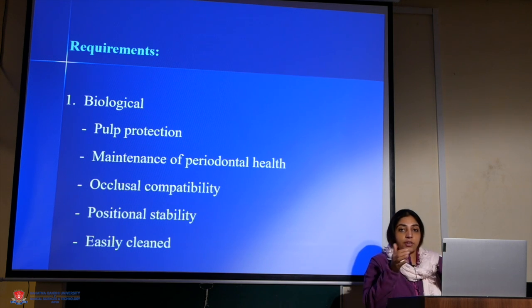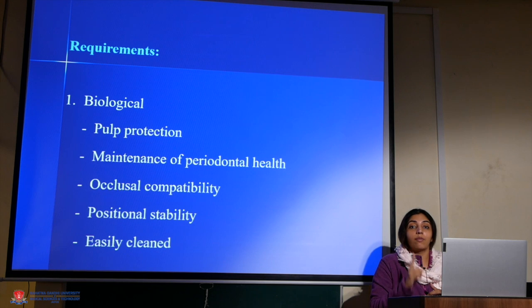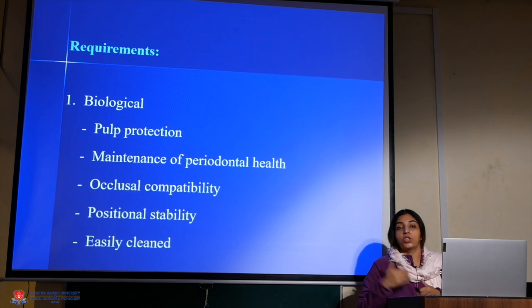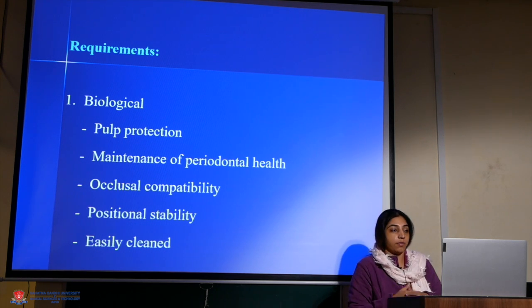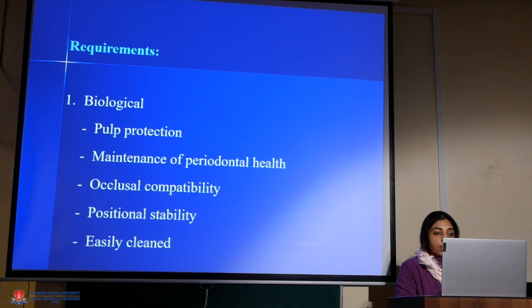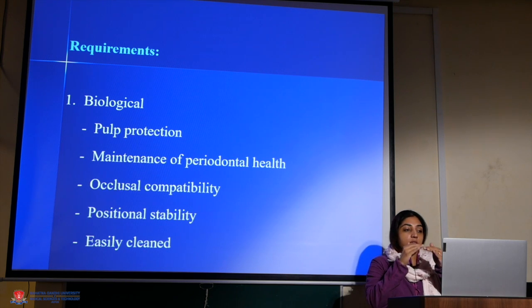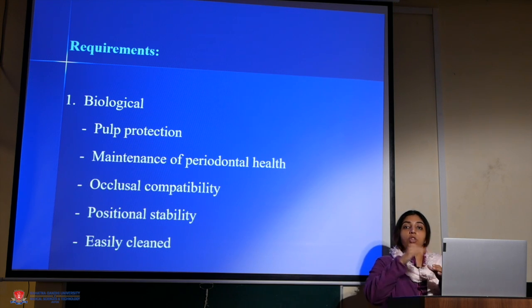The next function is the maintenance of the periodontal health. So the provisional restoration needs to be made so well that it does not cause inflammation to the periodontal tissues, especially whenever our margins are going below the gingiva, or subgingival. So that's the second requirement of our provisional restoration. Occlusal compatibility. Our provisional restoration needs to be in occlusion with the opposing tooth.